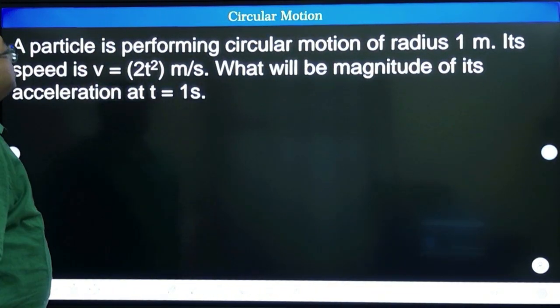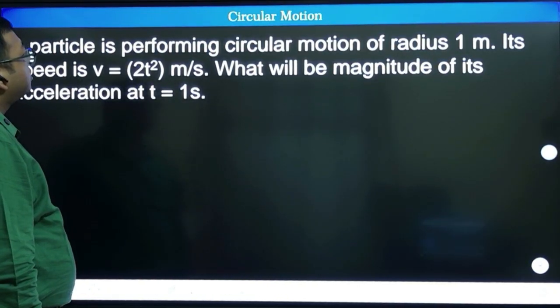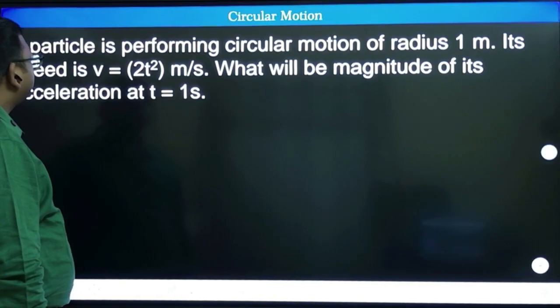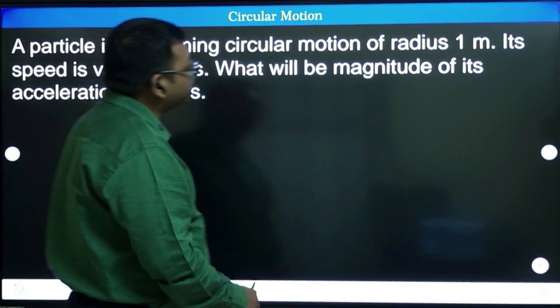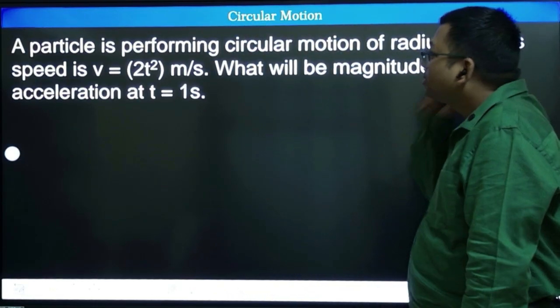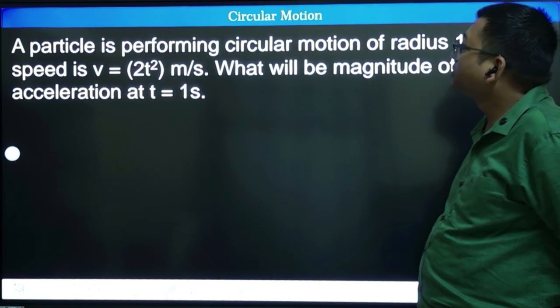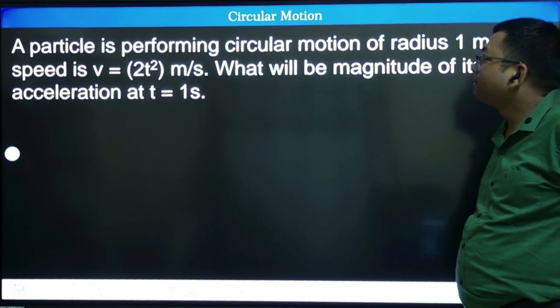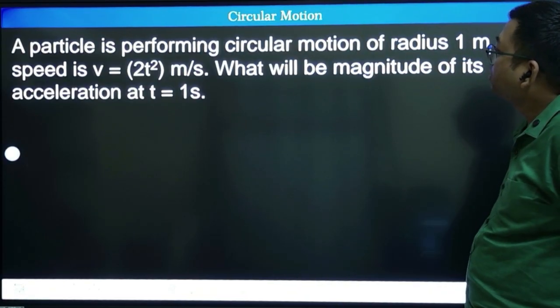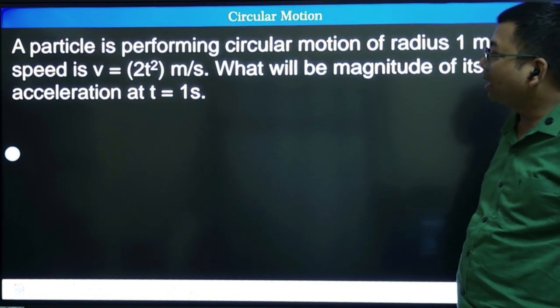A particle is performing circular motion of radius 1 meter. Its speed is given. What will be the magnitude of acceleration? Here magnitude of acceleration means resultant acceleration. Speed is definitely changing with time, so there will be tangential acceleration.